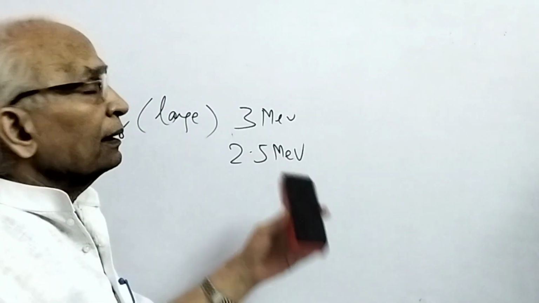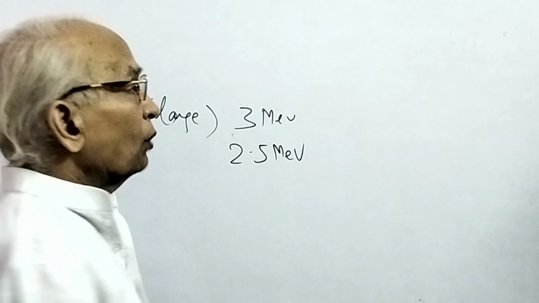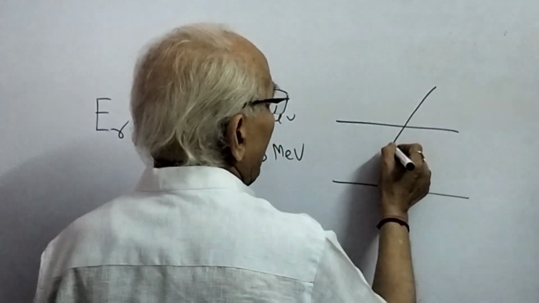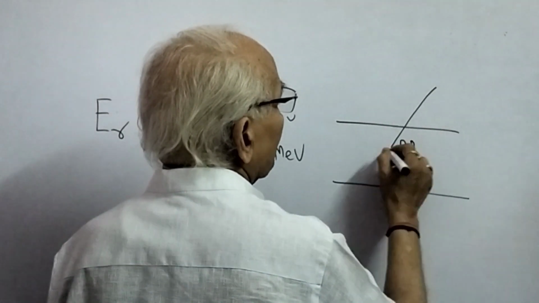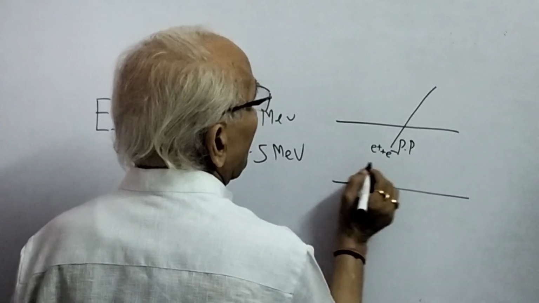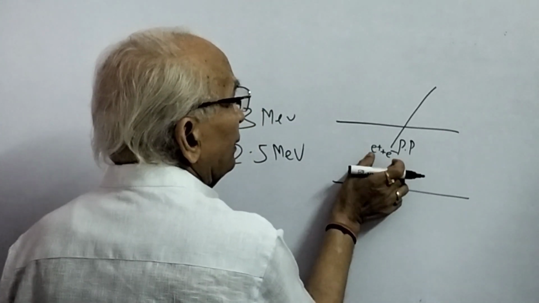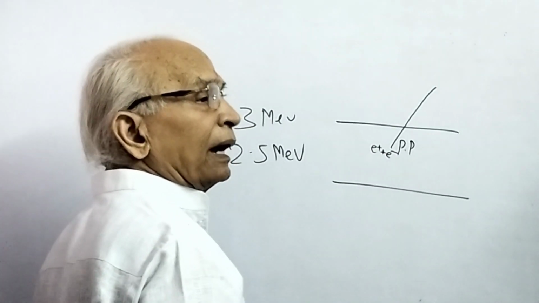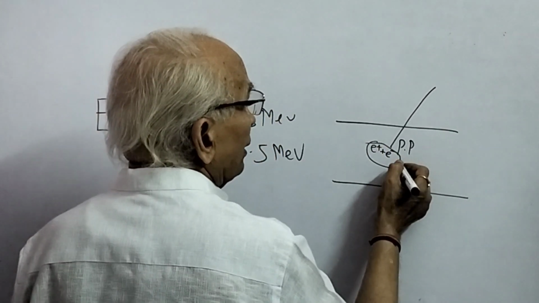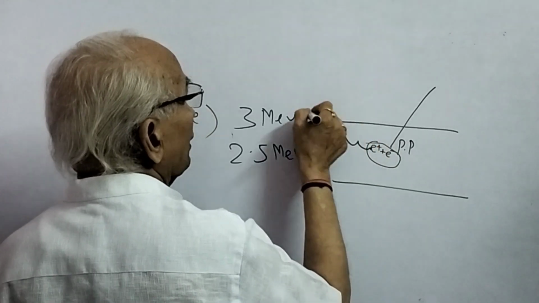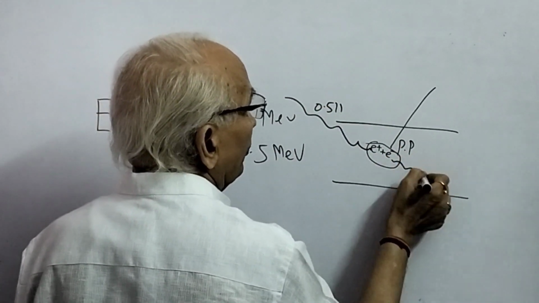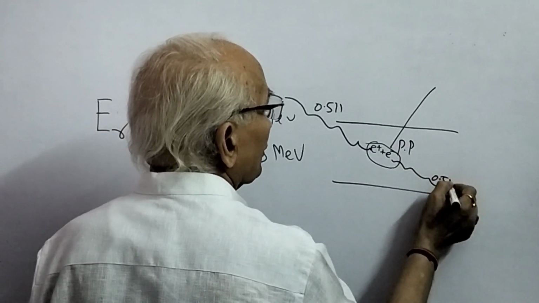But when it undergoes pair production inside, what will happen? An e plus and e minus are produced here with kinetic energy, and these combine together and annihilate. When they annihilate, we get a gamma ray of 0.511 MeV, a gamma ray of 0.511.